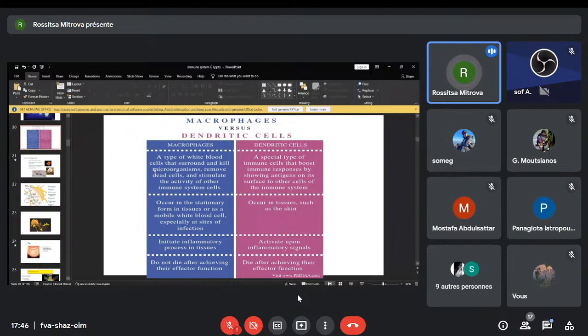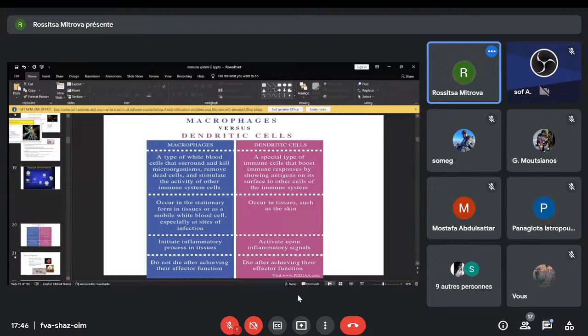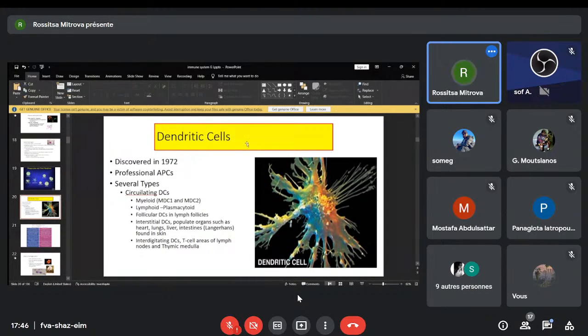Yes, it comes later, but maybe I will talk about it now. Dendritic cells, as relatives to macrophages, were discovered recently, 15 years ago, and they are professional antigen presenting cells.